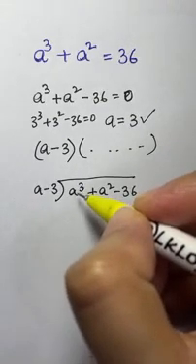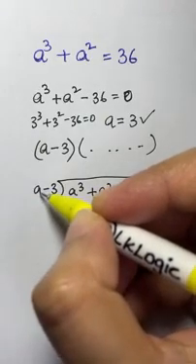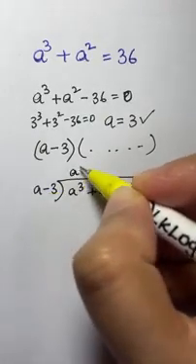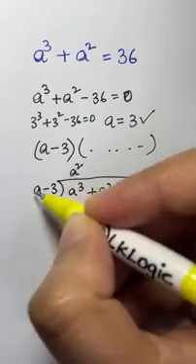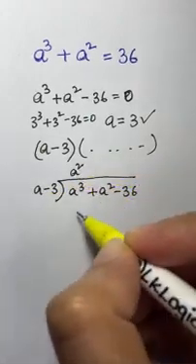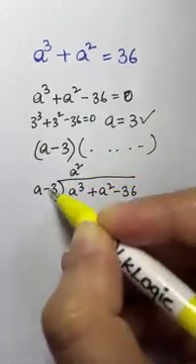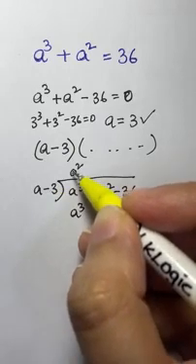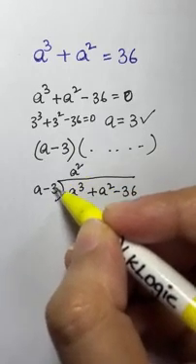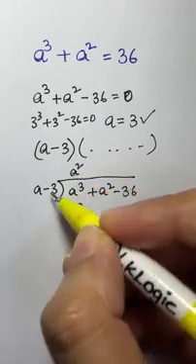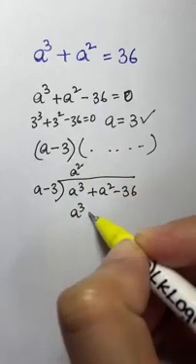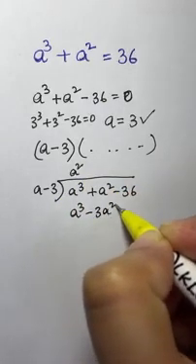You need to have a cube here, but we only have a, so we put a square, so that when we multiply, a times a square gives you a cube. Also keep in mind that this constant, this number, also has to be multiplied. Minus 3 times a square gives you minus 3a square.